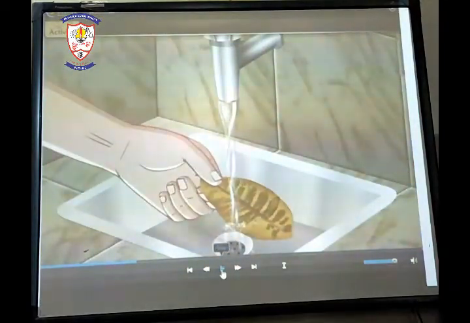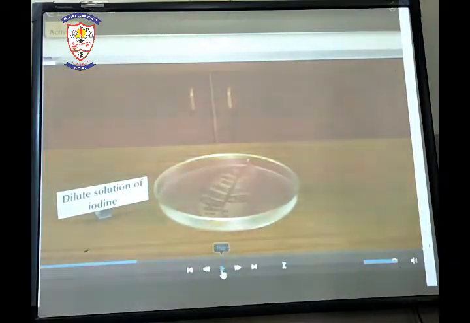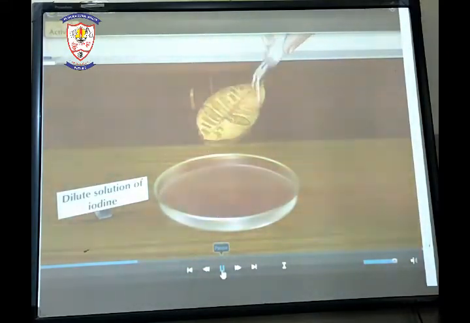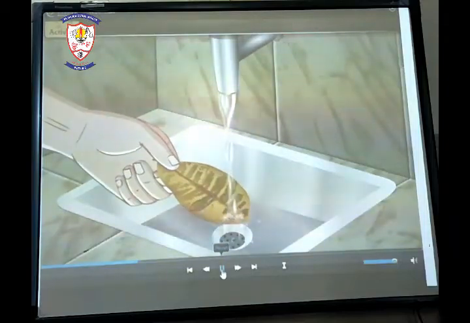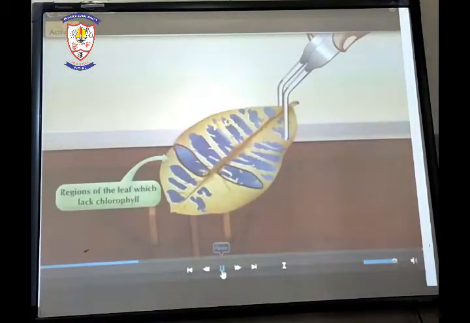Now take out this leaf and wash it under water. Then immerse this leaf in a dilute solution of iodine for a few minutes, take out the leaf and again wash it under flowing water.